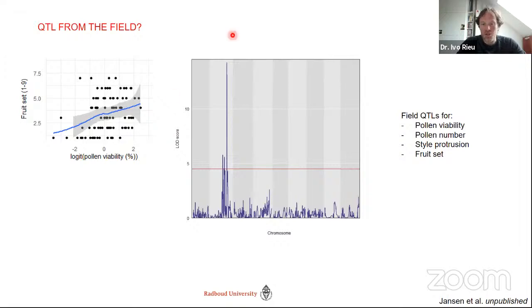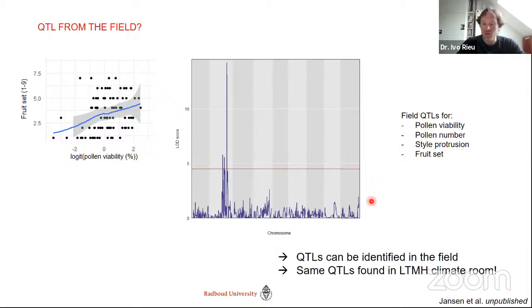So this is just a picture, nothing specific on that, just to show you that we did find QTLs already, because all the RILs were genotyped, so we did find pollen viability, pollen number, style partition, and even fruit set QTLs from this big field experiment in long-term mild heat. So the conclusion: QTLs can be identified in the field if you do careful phenotyping.